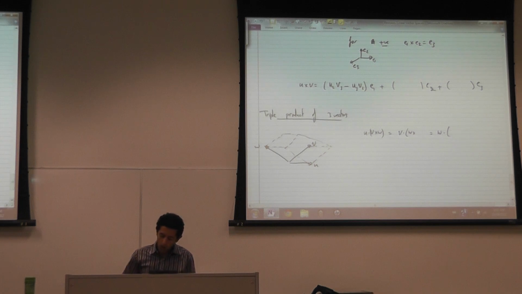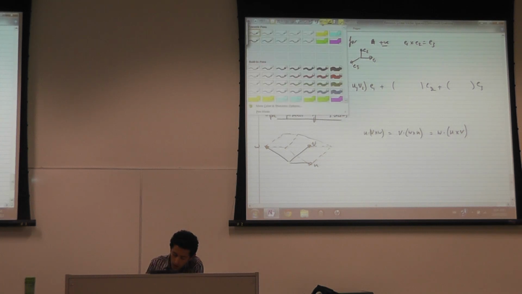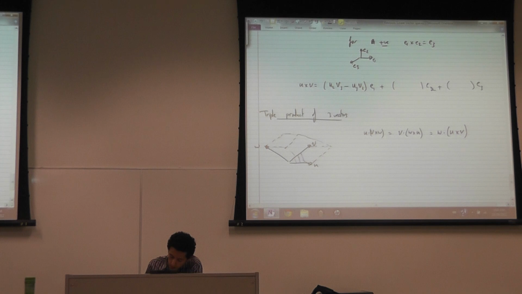And for the proofs of all these arguments, you're going to find them in your textbook. Basically what we're saying is that u cross v gives you this area and this vector, which is perpendicular to both, which is basically the height of this object, the perpendicular distance.